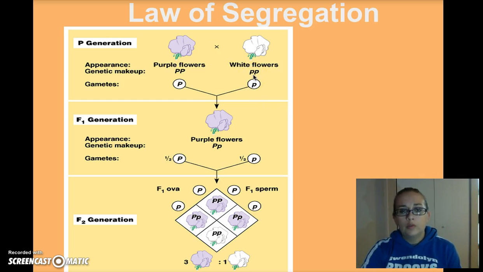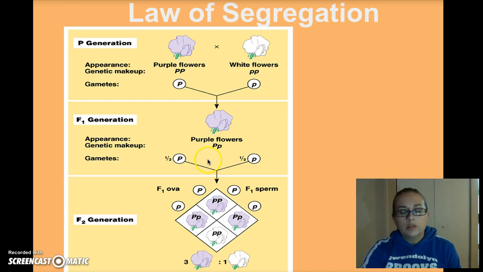When the gametes are formed, you're only going to have one allele per gamete. When these two fuse together, you now have offspring that have one dominant, one recessive allele, and so they're going to show the dominant form, which in this case is purple.